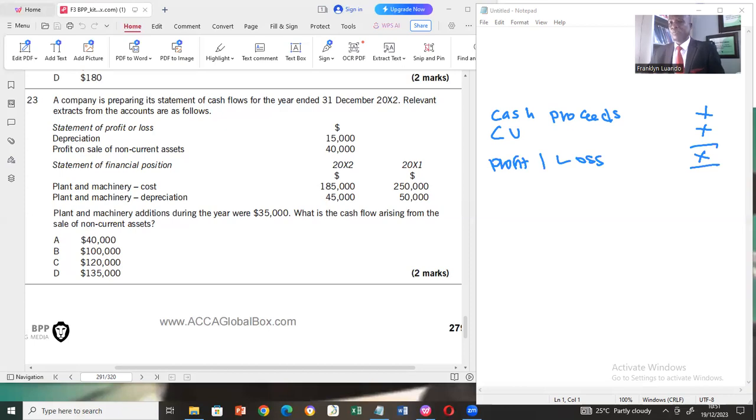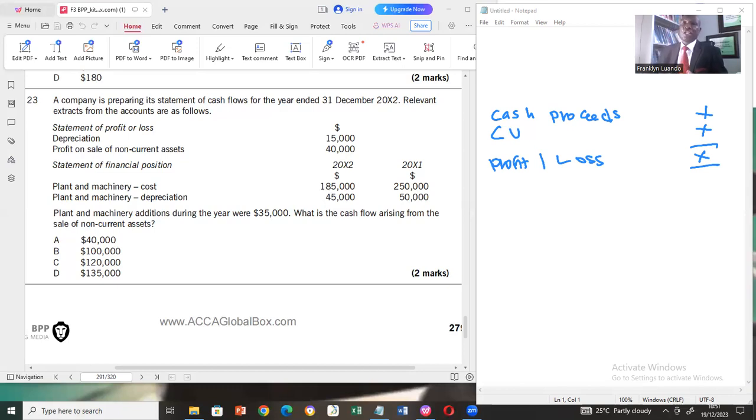Now, I want you to pay particular attention. In this question, we know the profit on the disposal, but we are not given the cash proceeds. Therefore, we need to find out the carrying value of the asset sold.